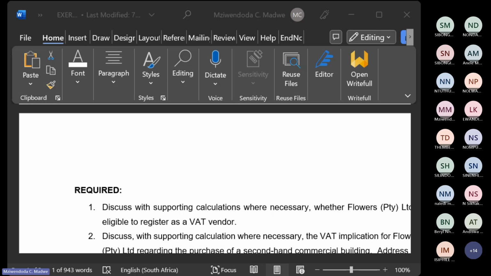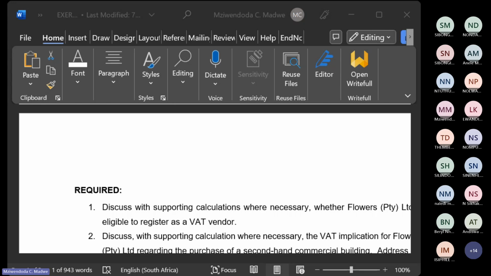If your taxable supply, excluding exempt supply, exceeds 1 million, then you are eligible to register as a VAT vendor. In the calculation of the 1 million rand threshold, you must exclude VAT.